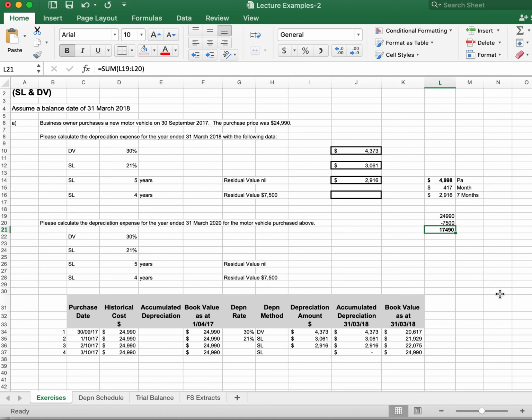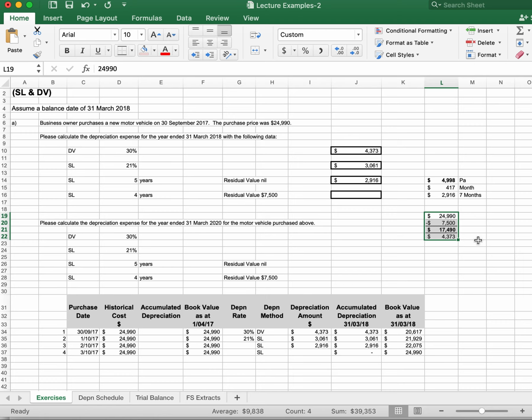So if that's over 4 years, that's going to be that divided by 4 every year. So it's going to be that amount per annum. So how much is that a month? It's that divided by 12 gives you how much it is a month.